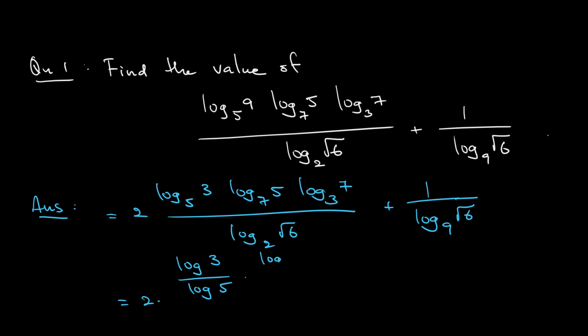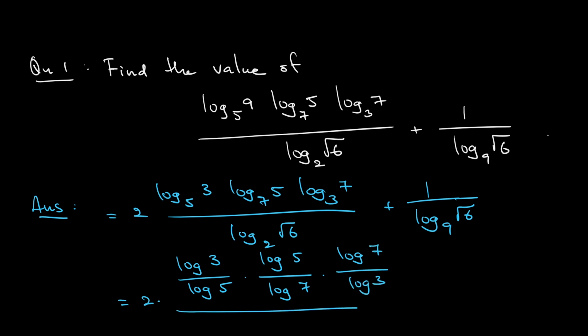Same thing, log base 10 of 5 over log base 10 of 7, log base 10 of 7 over log base 10 of 3, divided by the denominator, do not change anything, plus 1 over log base 9 of root 6, do not change anything.